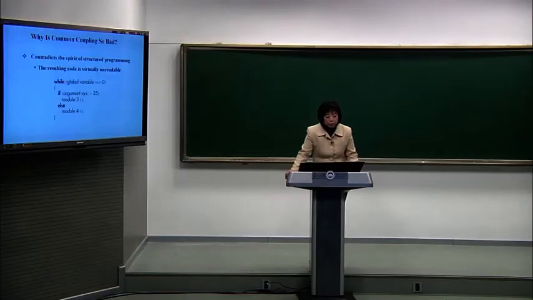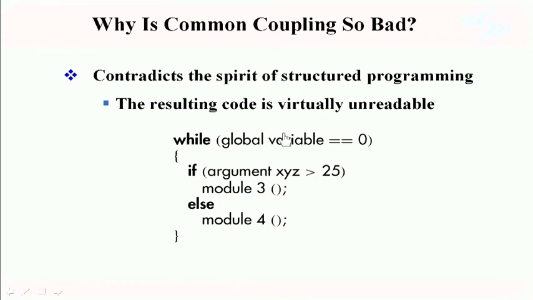So you can see that sometimes the use of global variables makes programs virtually unreadable. Let's take this code for example. Sometimes the code will be like this: some global variable satisfies some condition, and then something happens, and so on, right?